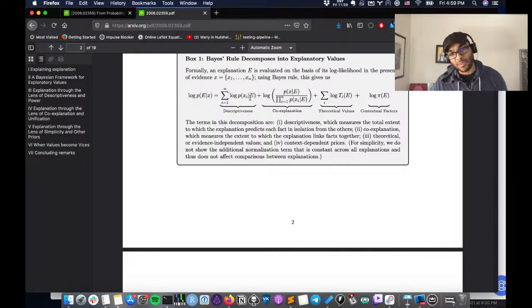All right, this is going to require some explanation. I think these two, this term and this term should cancel out. It's like theoretical value. So this is just a big old prior, I guess. Contextual values, theoretical value.